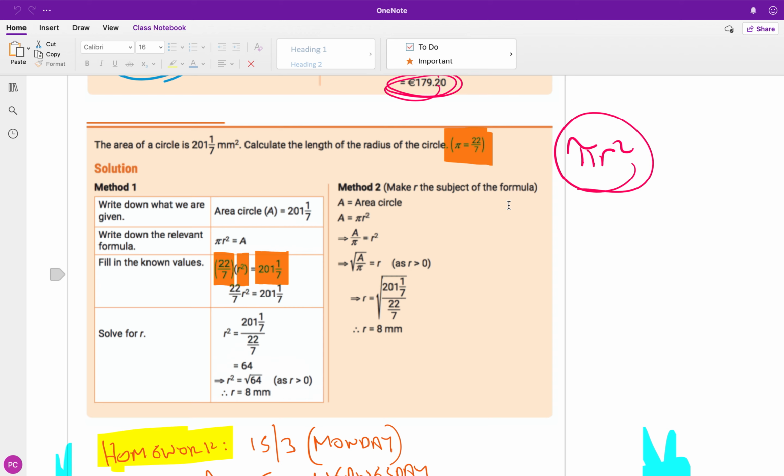So what you're going to end up with, r squared on its own, bring everything else over, and you end up with the 201 and a seventh over 22/7. That works out as 64. So r squared is 64, get the root of 64, which is 8 millimeters. Okay, don't worry about that method at all. Don't like it.